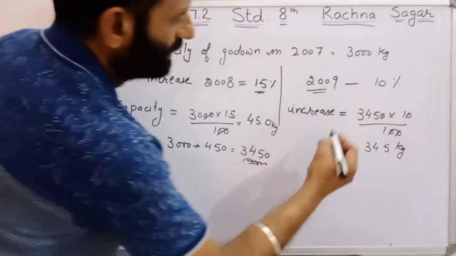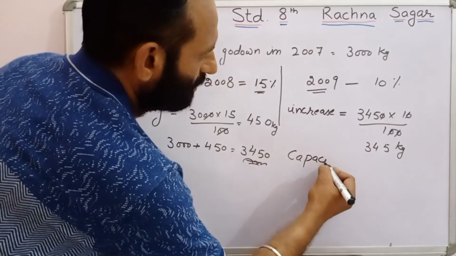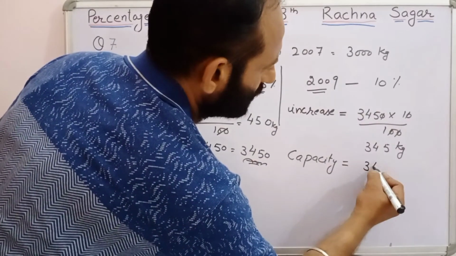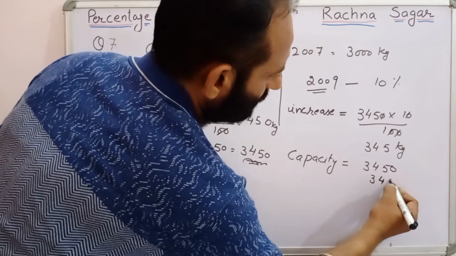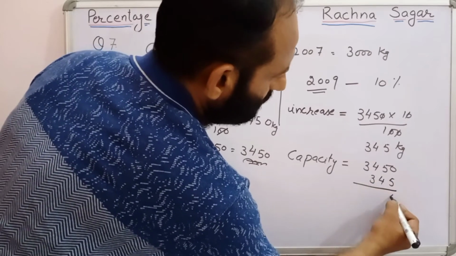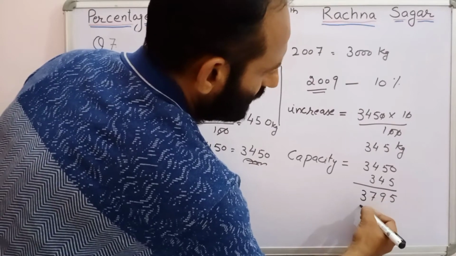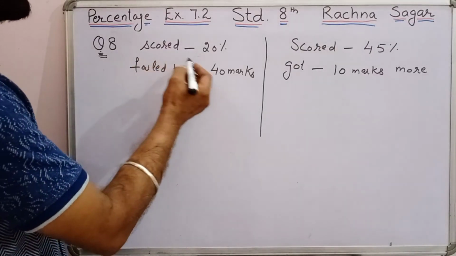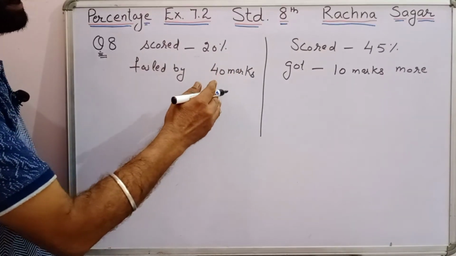Therefore increased capacity now, that is after 2009, 3450 plus 345, it becomes 3795.